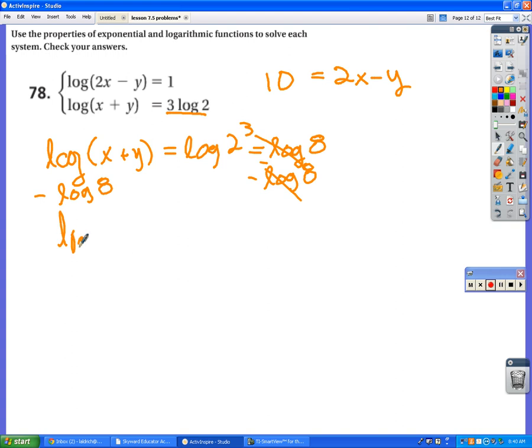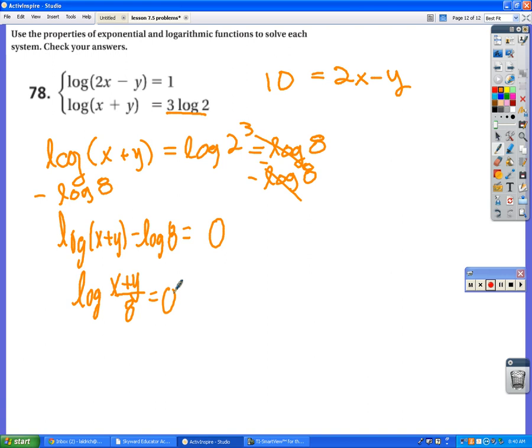So that leaves me with log of x plus y minus log of 8 equals, what do I have on the right-hand side? 0, good. Now Reed says subtraction in the world of logs is the same as division. So I can rewrite as a single log, log of x plus y over 8 equals 0.